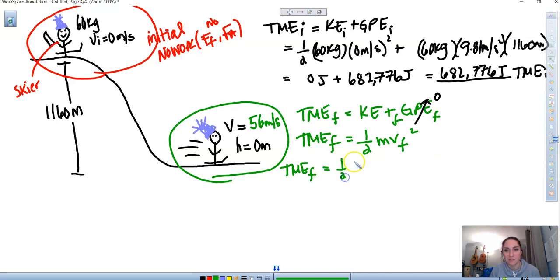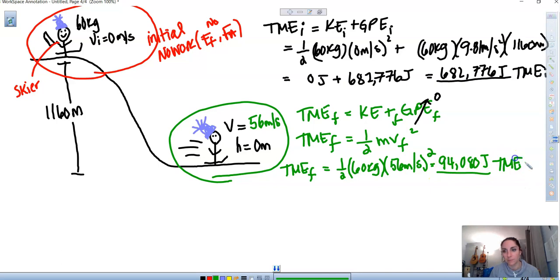So anyway, here's the calculation. Like that, so 56 squared times 60 times 0.5. So a whopping 94,800 joules like that of the final.